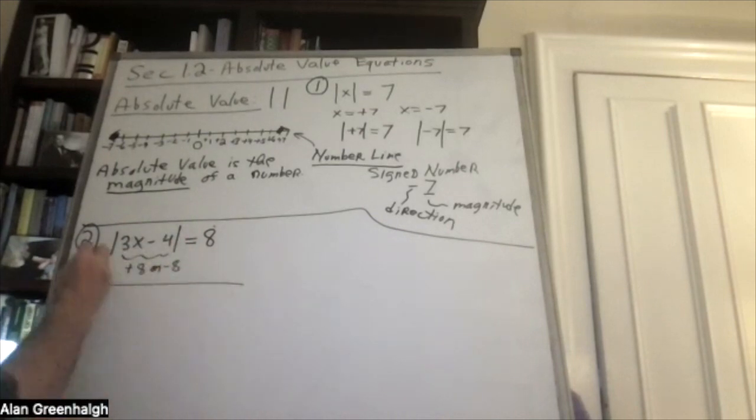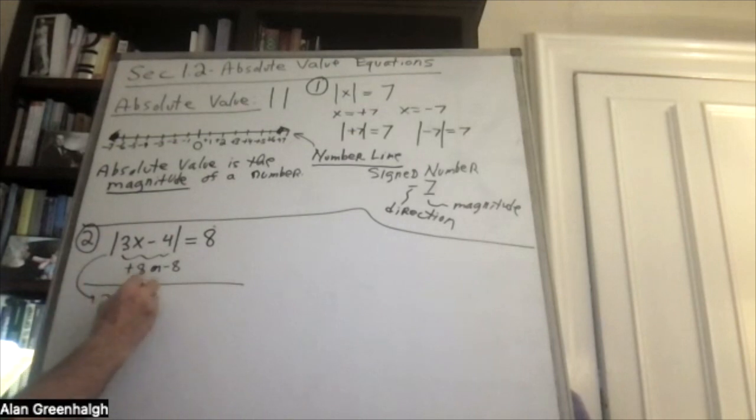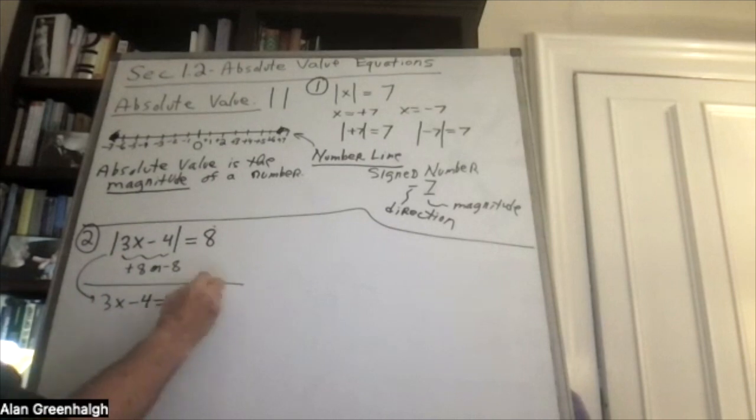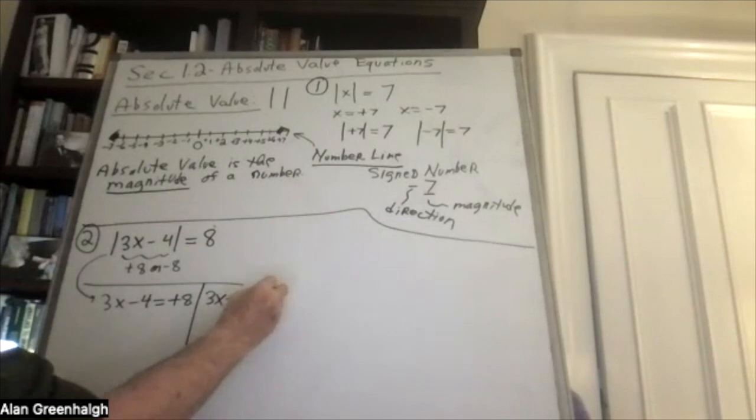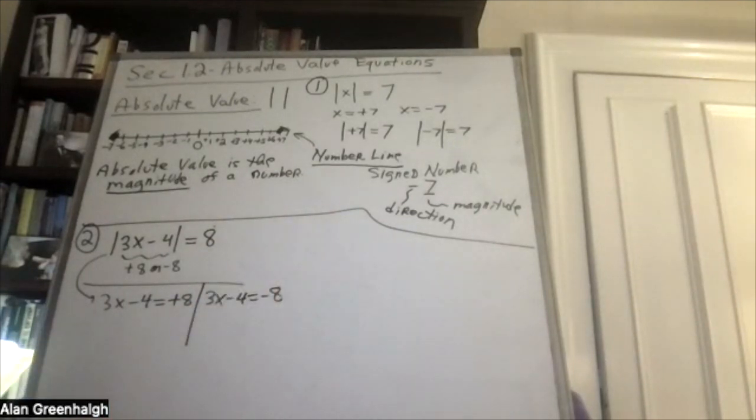Therefore, from here, we go to 3x minus 4 equals +8, and 3x minus 4 equals -8. That's what this means. Whatever is inside can either be the +8 or the -8. And instead of solving one equation, we now solve two equations.